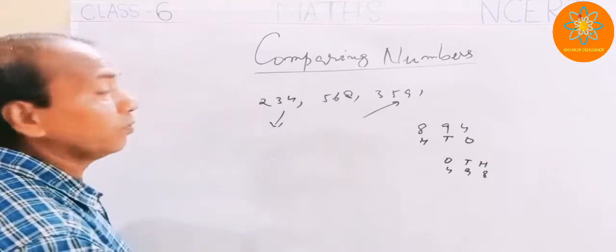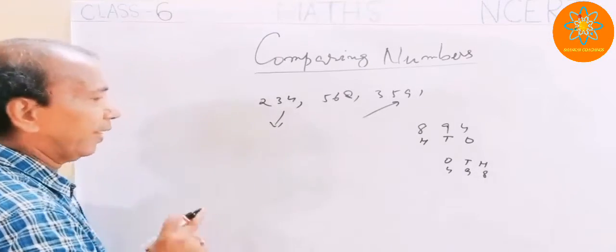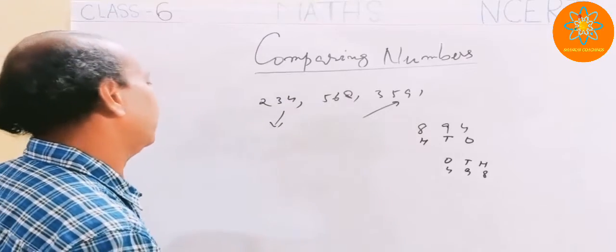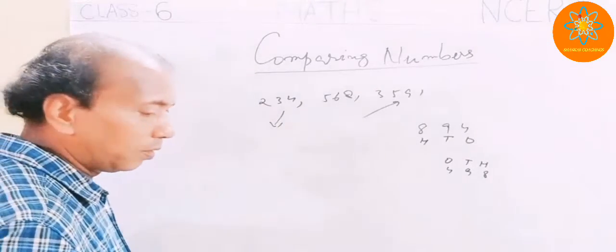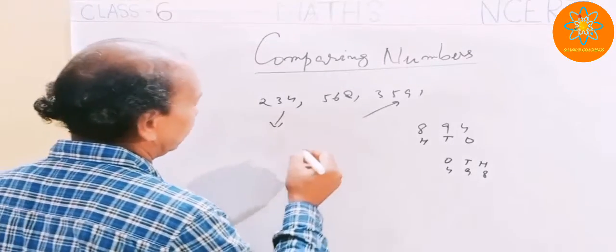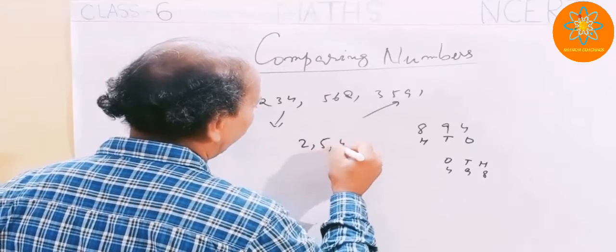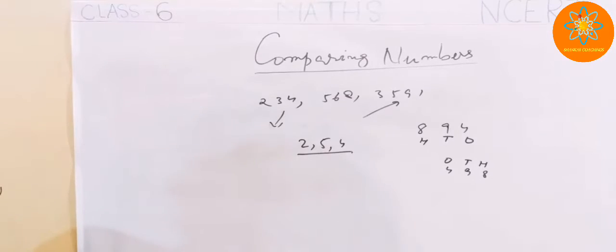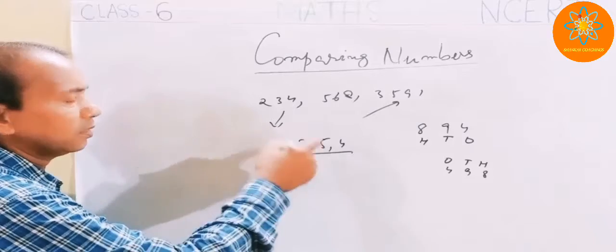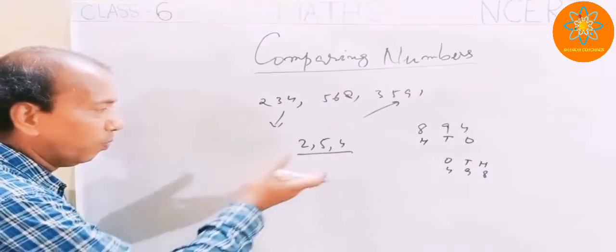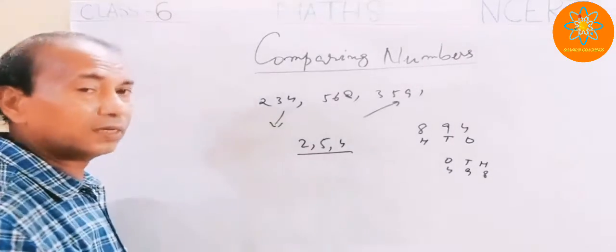Now how many numbers can you make? Any digits we have given, we can make one greatest number and one least number. Suppose three digits are given, 2, 5, 4. If we want to find how many numbers we can make with this, one greatest one and one least one.